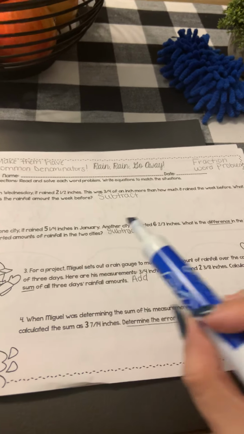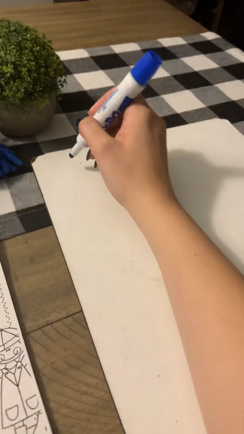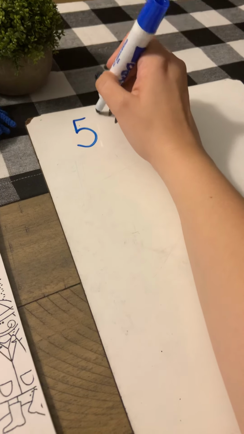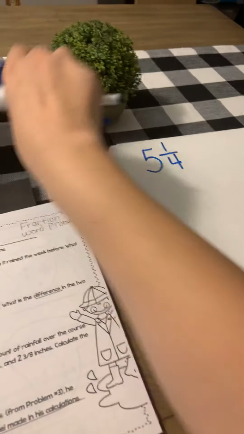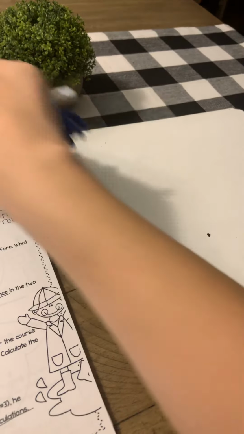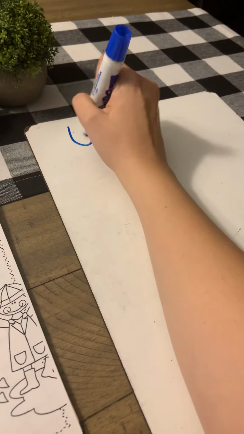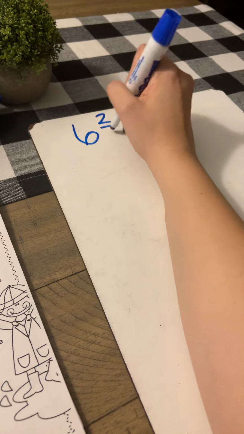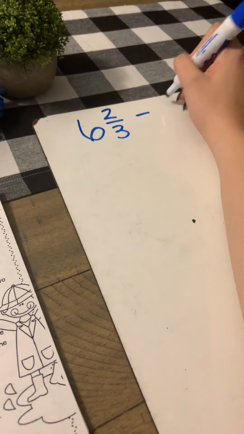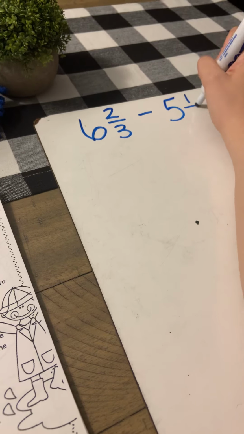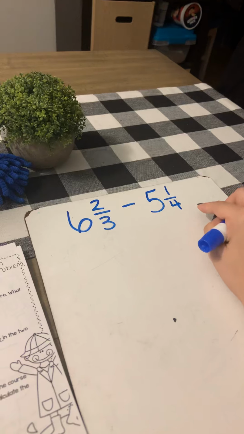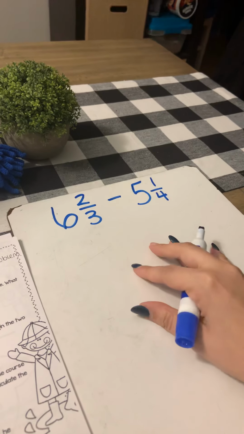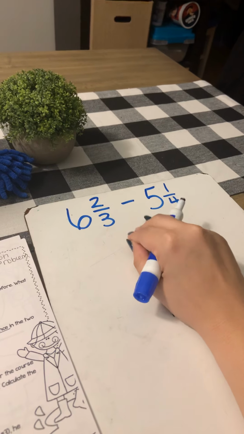So let's write our fractions out. Let's always put the bigger one first. We're going to do 6 2/3 minus 5 1/4. First thing we have to do, because we have two mixed numbers, is make them improper fractions.